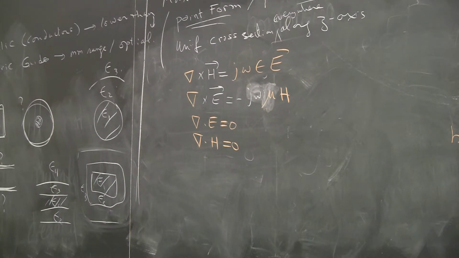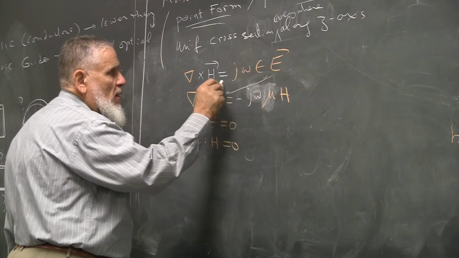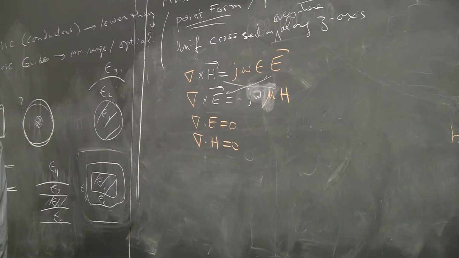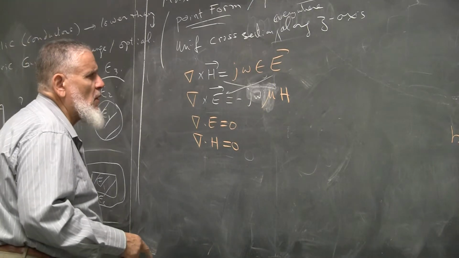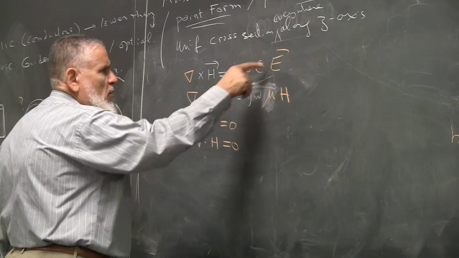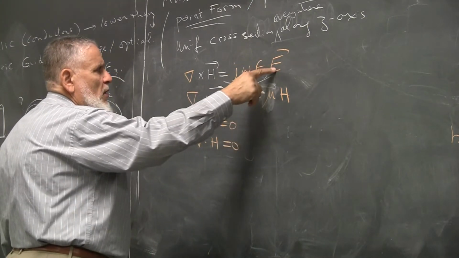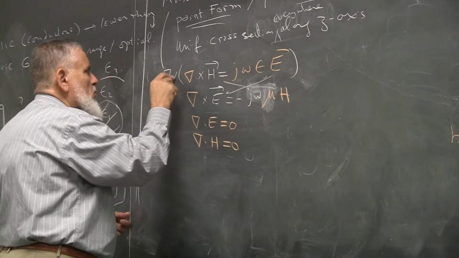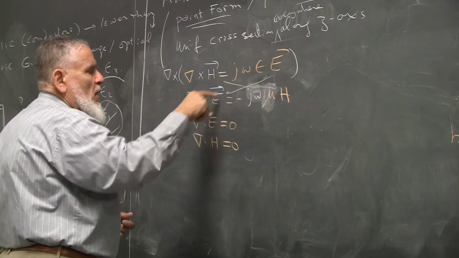Now these are simultaneous equations, right? E is here and there, and H is here and there. Typically what we do to solve them is substitute one into the other. So I need to do a curl E. To get that here, that means I need to do a curl on this equation, so I can get curl E to put it here.